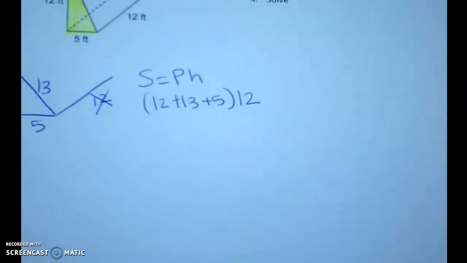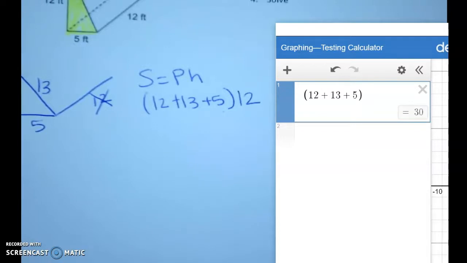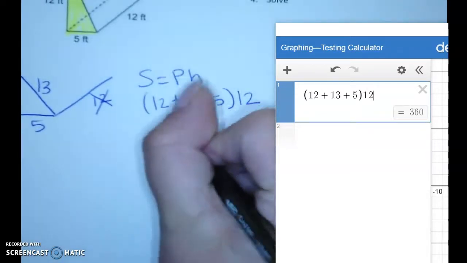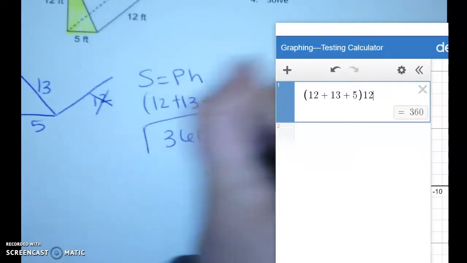Now you're just substituting and plugging into the calculator. So we've got 12 plus 13 plus 5 times 12. So 360. And our units are feet squared.